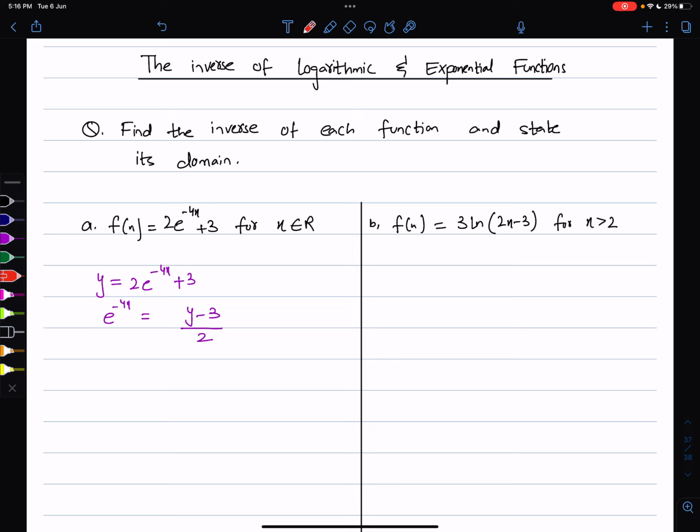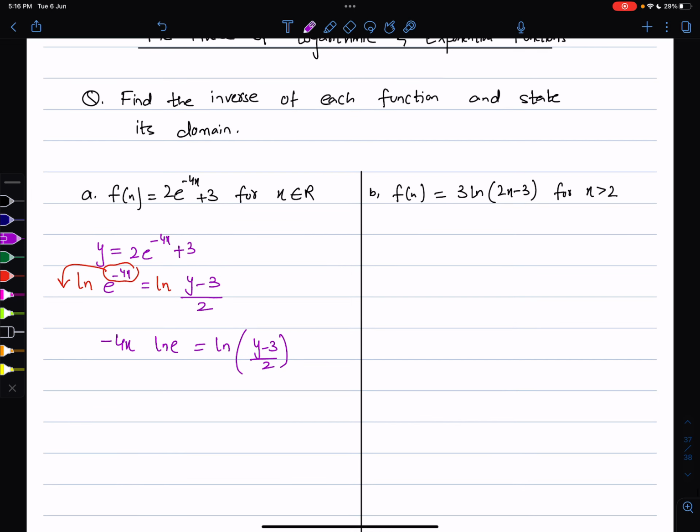Now we are going to introduce ln on both sides. We are going to bring this power down. So minus 4x times ln e equals ln of (y minus 3) upon 2. Ln e is 1.